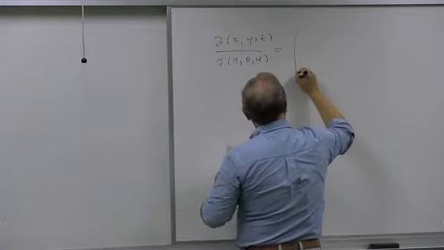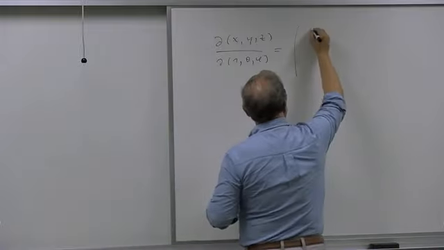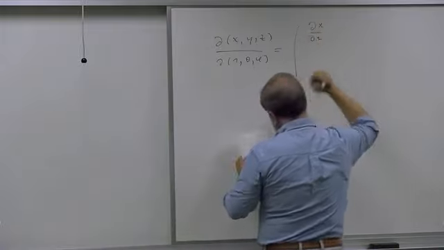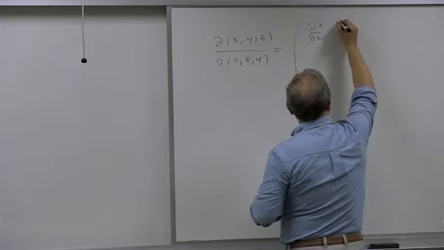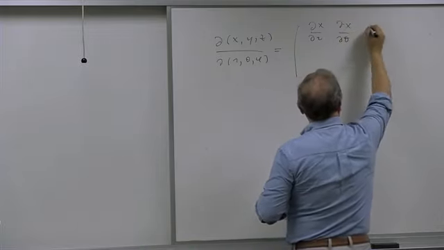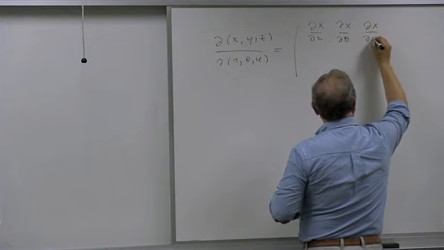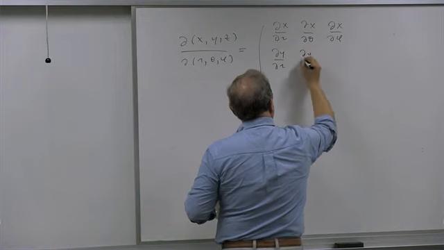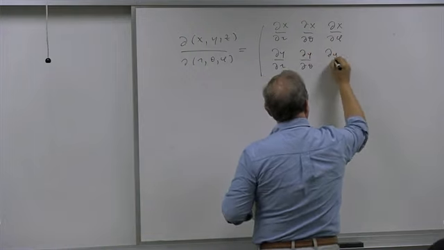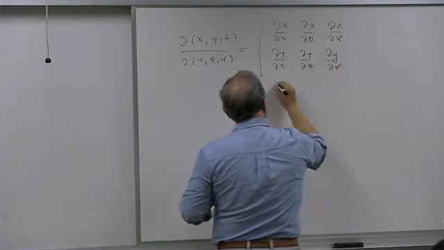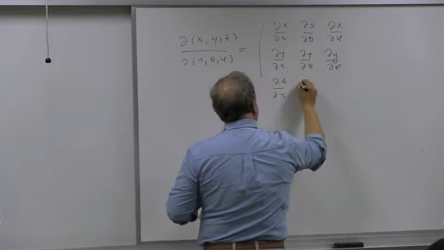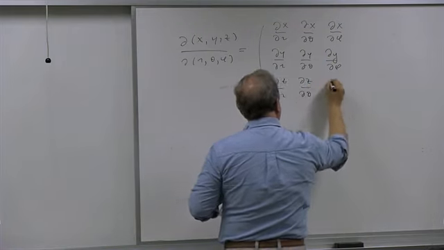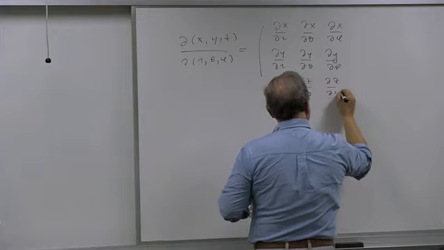That is just a shorthand for this big matrix, which is dx by dr, dx by d theta, and dx by d phi, and then dy by dr, dy by d theta, and dy by d phi, and dz by dr, dz by d theta, and dz by d phi.